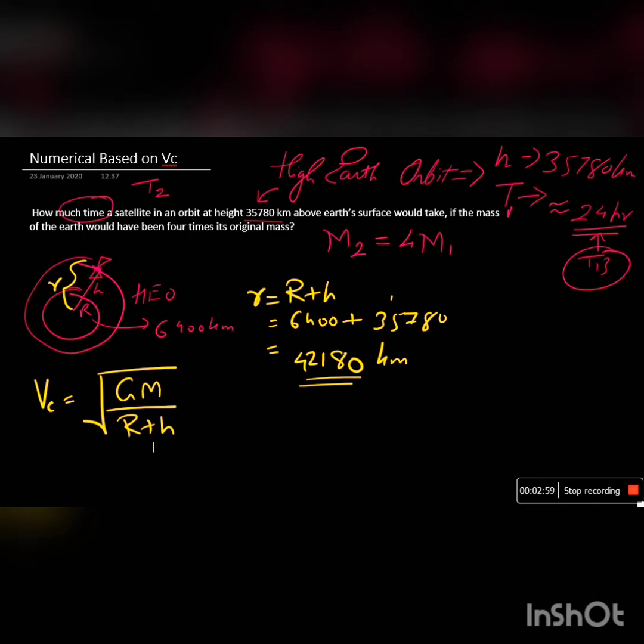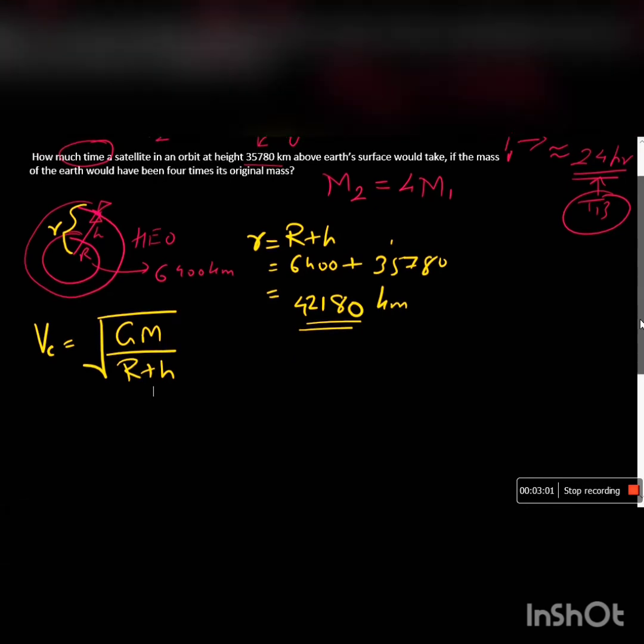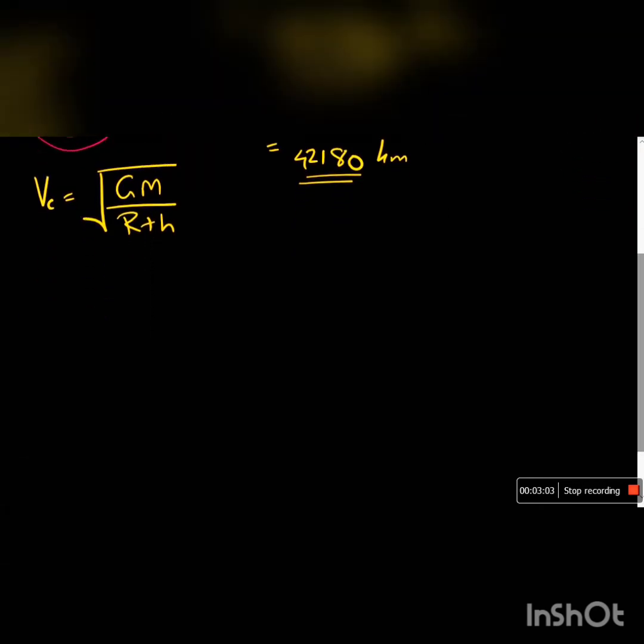So think about this. Suppose in case 2, critical velocity 2 will be what? Square root of GM upon r plus h, this will be M2, right?